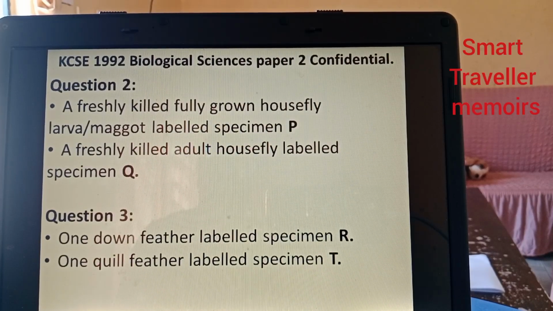Question 2, you require a freshly killed, fully grown housefly larva or maggot labeled P, and a freshly killed adult housefly labeled specimen Q. Question 3, 1 down feather labeled specimen R and 1 quill feather labeled specimen T.